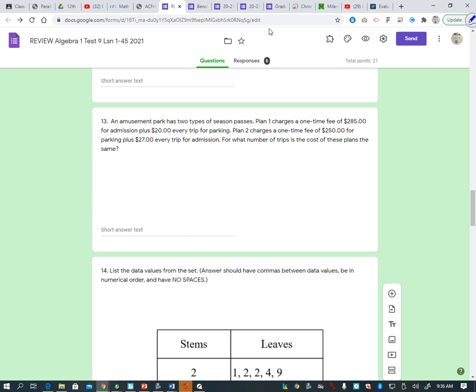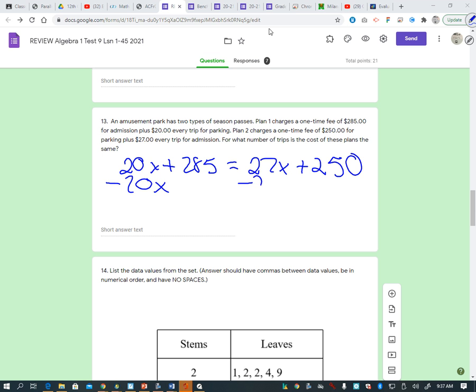So we're going to do 20x plus 285 equal to 27x plus 250. Okay, we set those 2 things equal to each other. Do we understand how I set that up? Okay, now we're just solving for x. So I'm going to subtract 20x because it's going to leave me with a positive x.